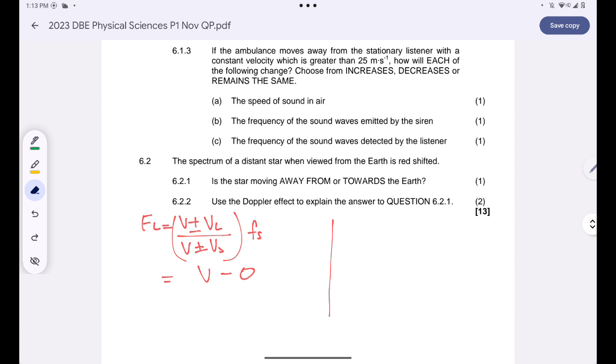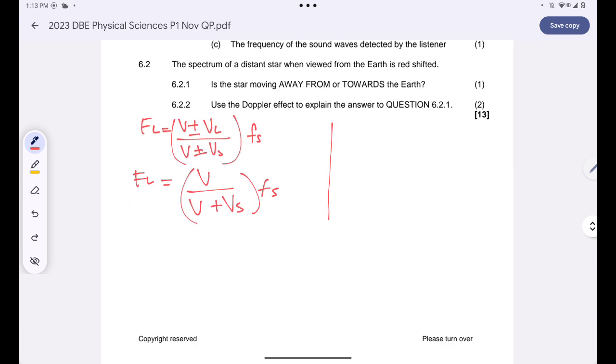So in this case, I know that my listener is stationary, so I don't need to write minus 0. I'll just leave it as V all over V plus Vs multiplied by the frequency of the source. Are you together? I do know the frequency of the listener, that's 512.64.